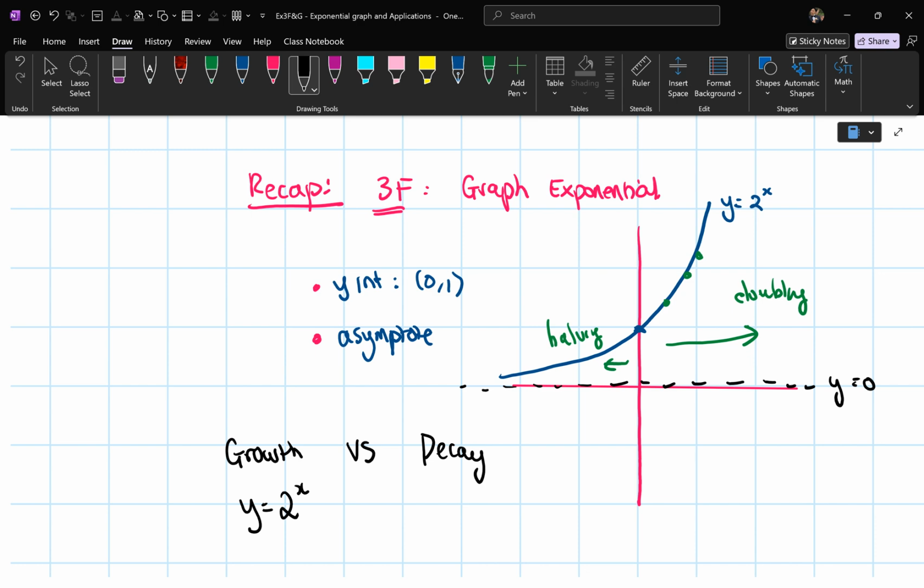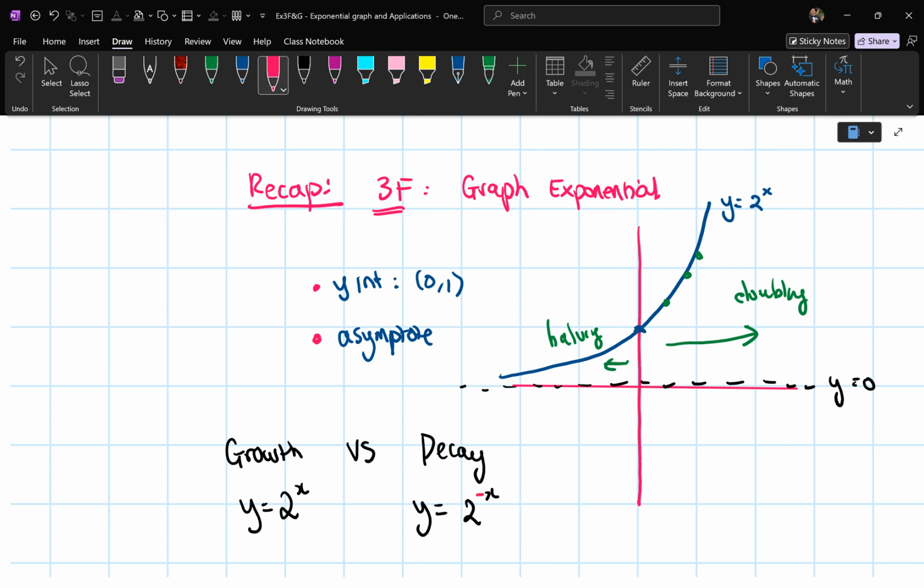Versus if I want to make it a decay, in your notes, how do I make it a decay? Yes, Violet? Yeah. How do I make it look like the equation? What do I change? Very good. The negative on the x.